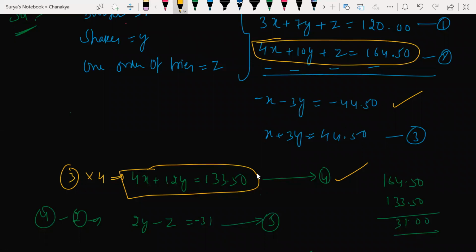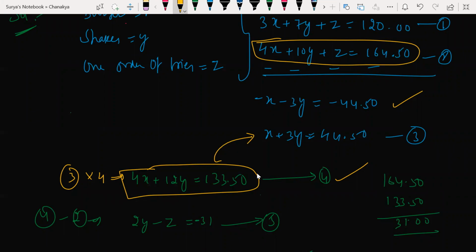Sir, isn't 44.5 into 3 equal to 133? No, I just multiplied here the third equation with 4x. So multiplying 4, right?